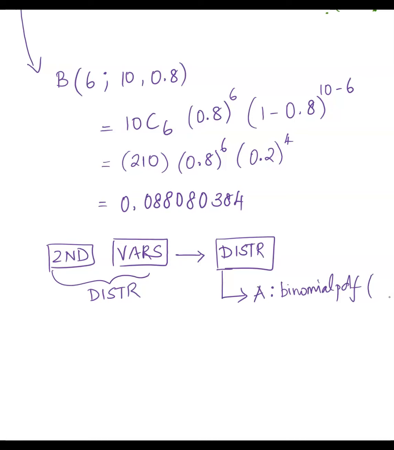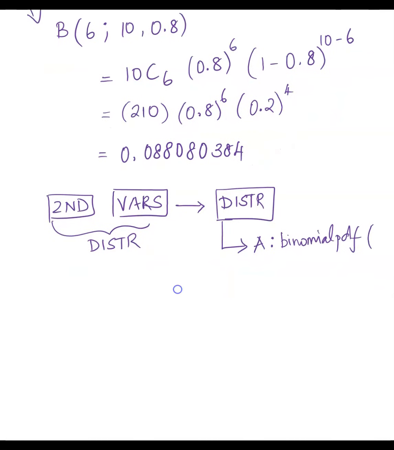If you want to find for at least 6 or less than 6, those kind of cumulative values, then you will use the CDF. Okay, we'll look at some problems that use the CDF as well. So for now, go ahead and select that, and then you'll have this view which says Binomial Pdf.